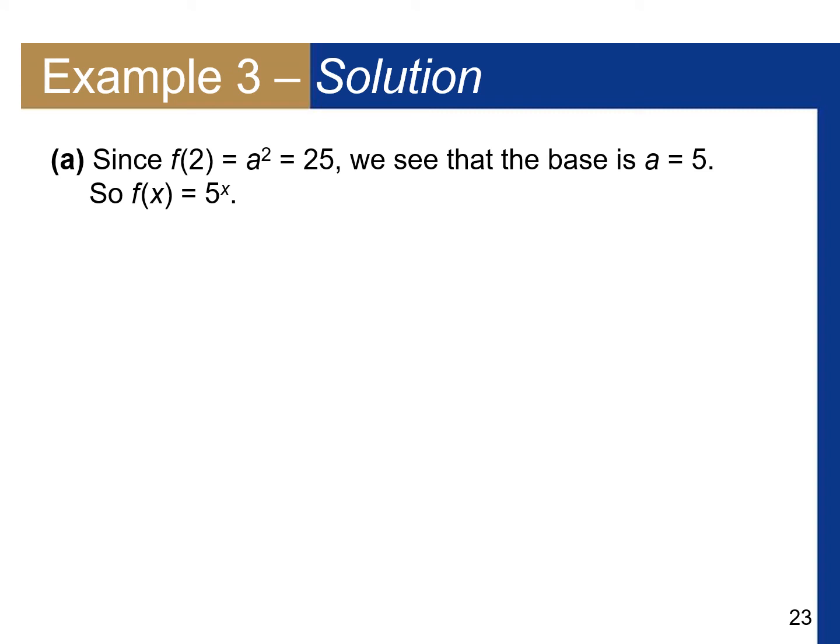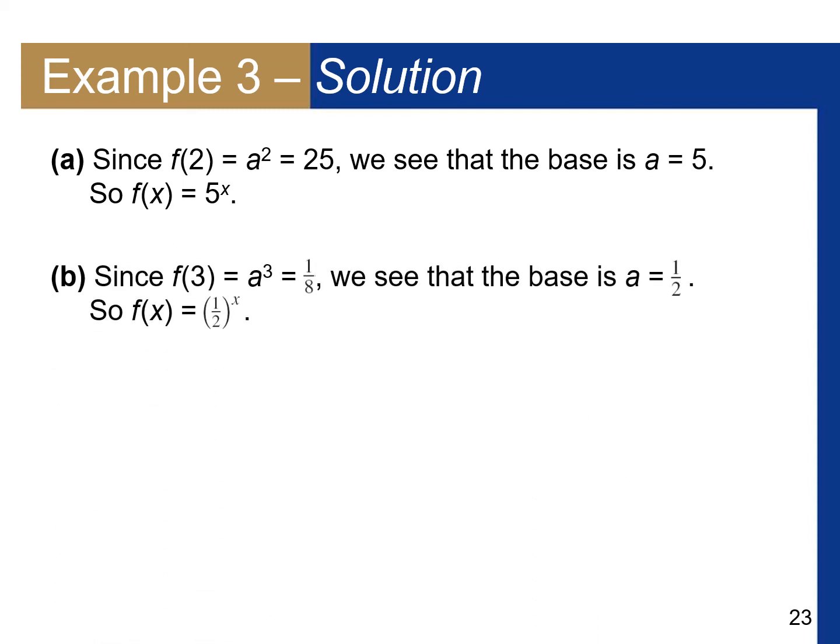So since I have f of x equals a squared, which is equal to 25, we see that the base is a equals 5. So 5 to the x. And as we said before, if we have f of 3 equals a to the third, and we know that's equal to 1/8, then we're going to have 1/2.